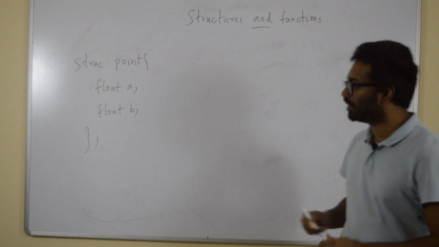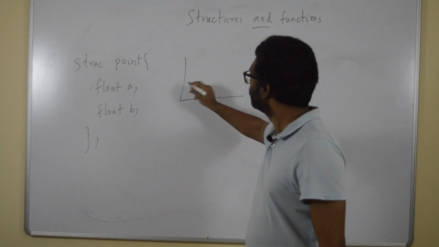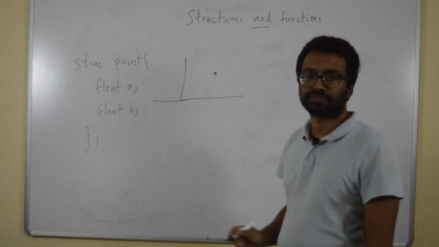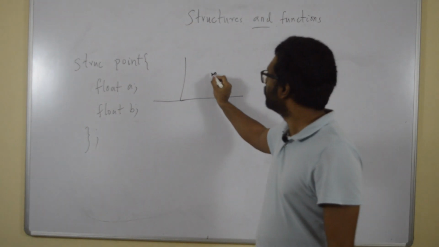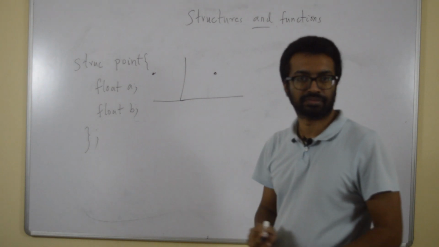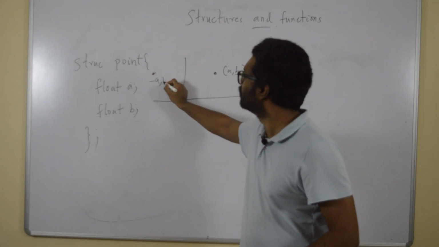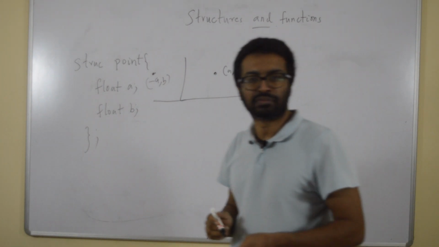If I have the xy plane here and this is a comma b, I want to return minus a comma b.